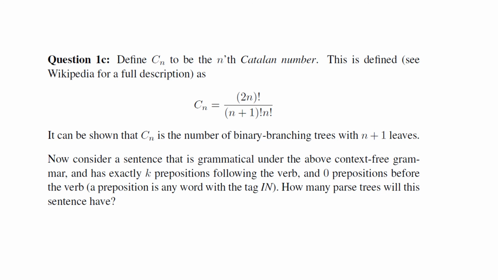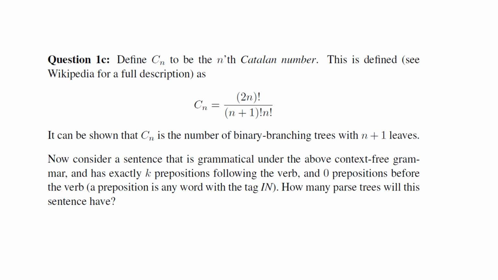Now consider a sentence that is grammatical under the above context-free grammar and has exactly k prepositions following the verb and 0 prepositions before the verb. A preposition is any word with the tag IN. So the question is, how many parse trees will this sentence have?